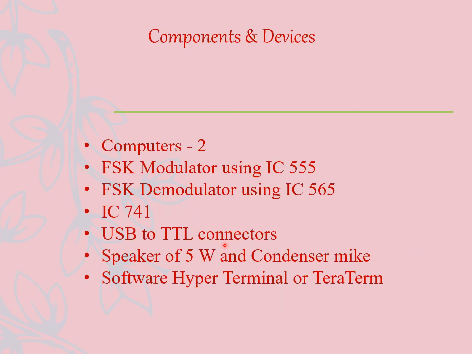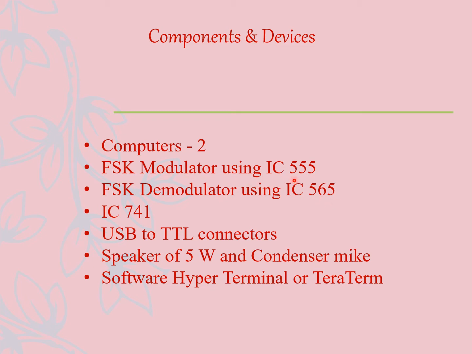Now the requirement of components and devices for this project. For transferring the data between two computers, we require a number of computers, 2, then FSK modulator using IC 555, then FSK demodulator using IC 565. A separate circuit is there, and the circuit diagram is given afterwards. For the FSK modulator, one circuit diagram using IC 555, and for the FSK demodulator, another circuit diagram using IC 565.